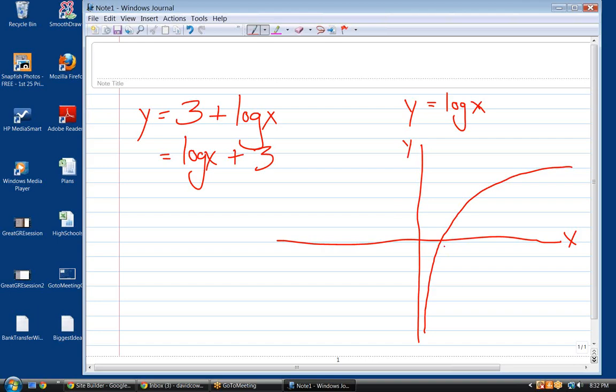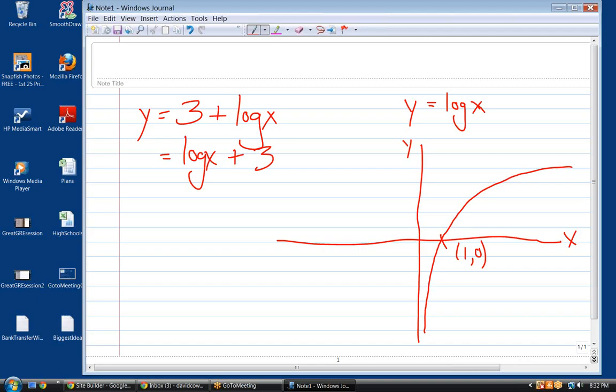I know, pretty amazing. And they always go through a point, which in this case, with the elementary function, is always 1, 0. The reason being is that the log of 1 is always 0, no matter what the base.